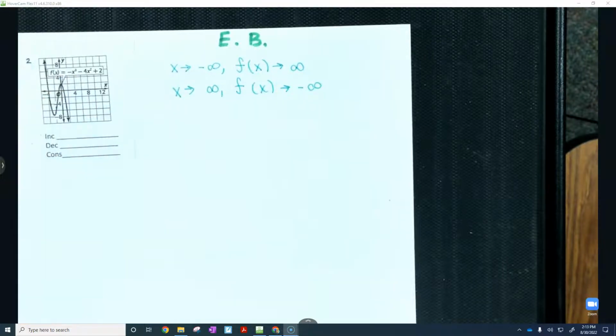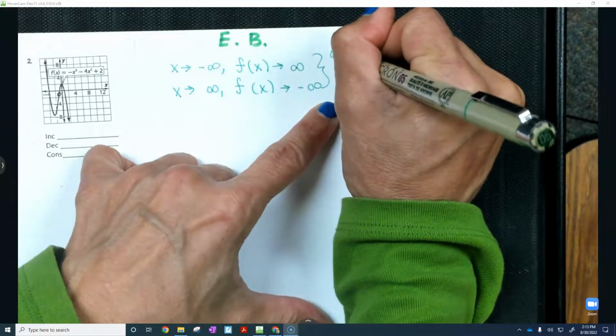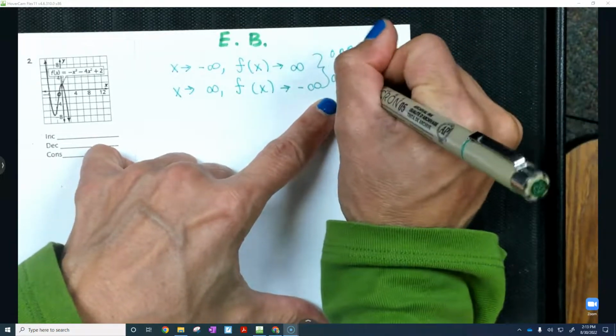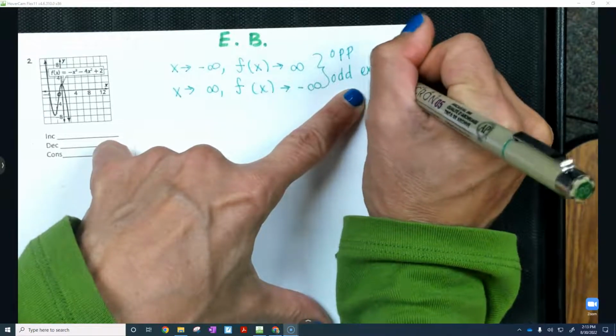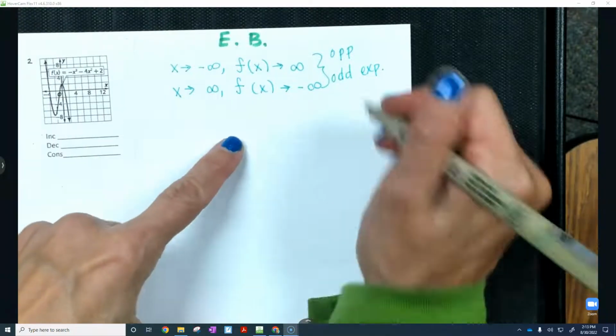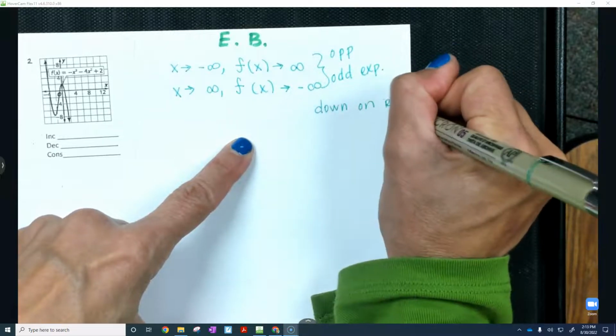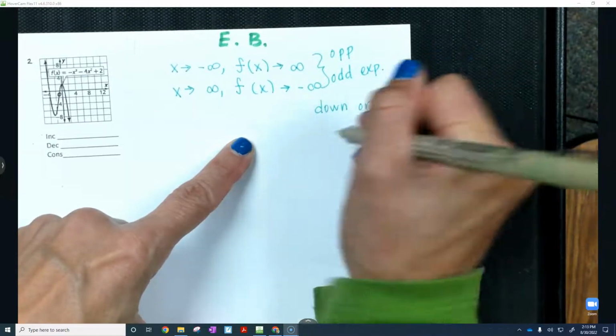If you forgot that, you better write that down. So remember, these are opposite because you had an odd highest exponent. It's going to be the same every single time. Also, your graph is always going to be down on the right when you have a leading negative coefficient.